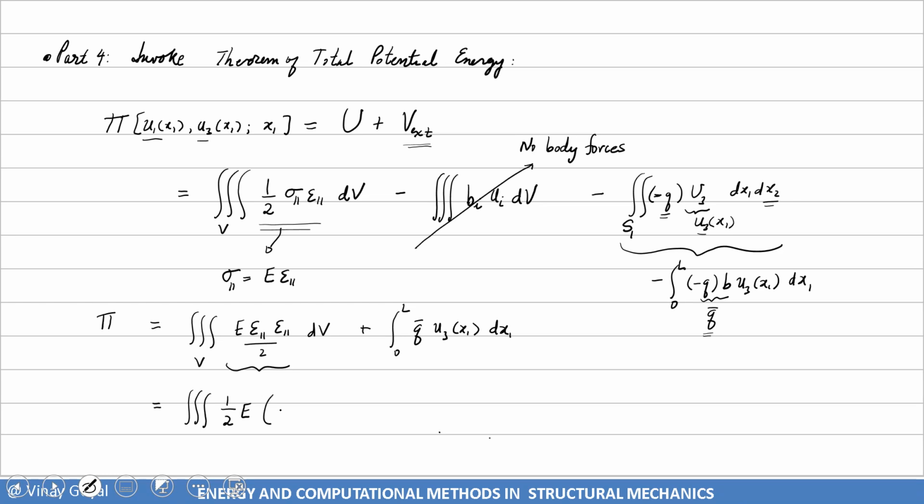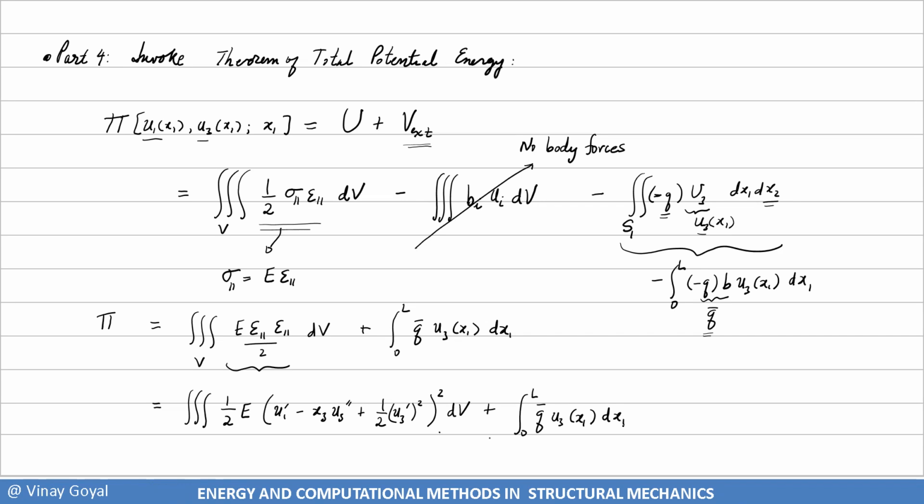Epsilon 11 is U1 prime minus x3 U3 double prime, and that's squared. Well, I still have this other term plus 1/2 U3 prime squared, and this is squared dV, and that's Pi right now. That's what I get for Pi.